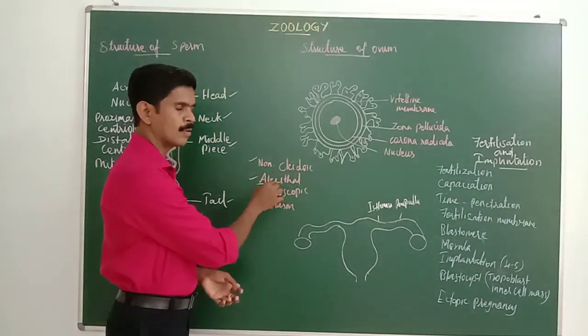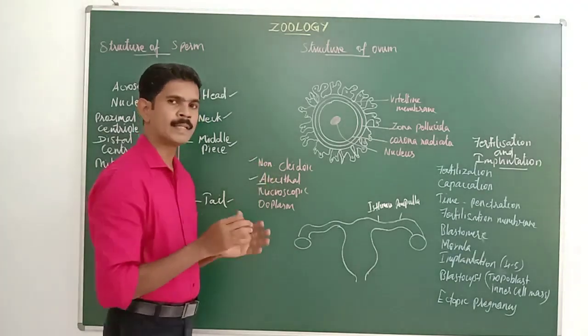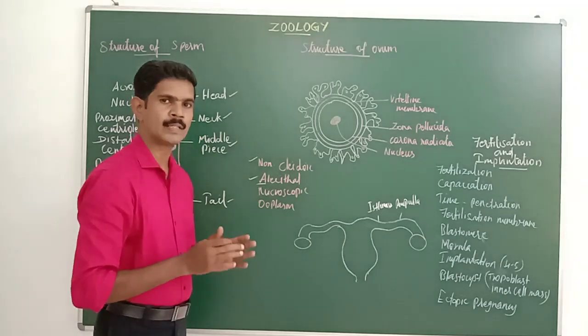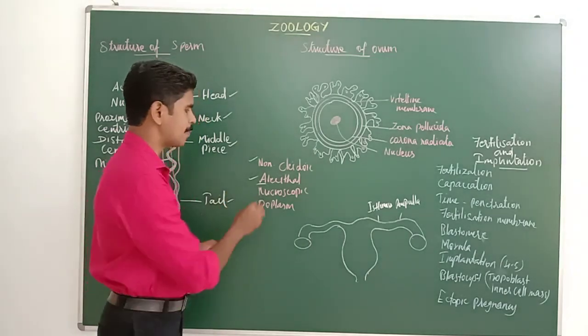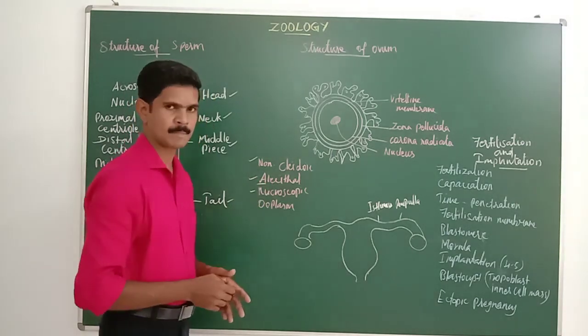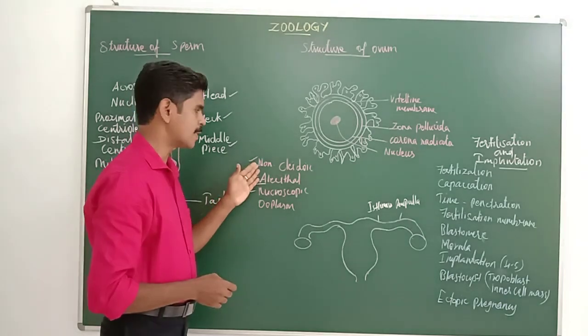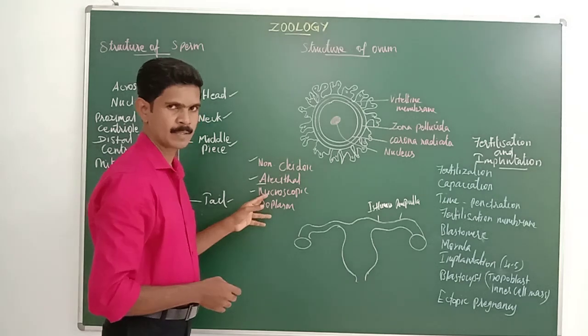So non-albuminous meaning the egg is not covered with the hard shell, and alecithal meaning the yolk or the yellow color part of the egg is completely absent here. And it's a microscopic structure. Only with the help of a microscope we can see this structure. Understand? So egg or the ovum is a non-albuminous alecithal microscopic gamete.